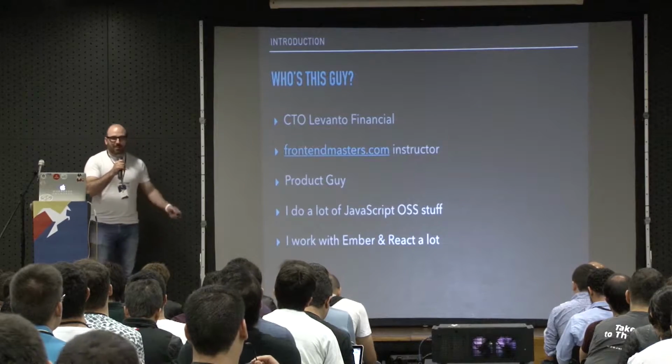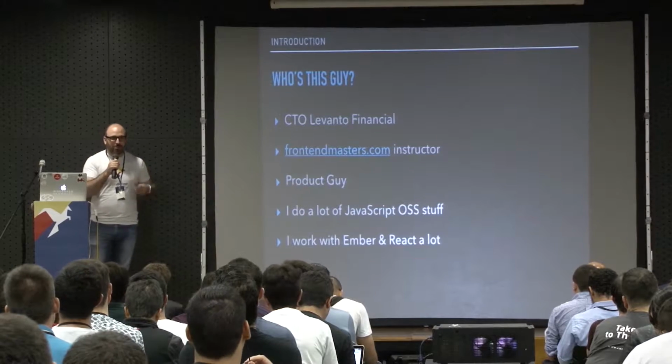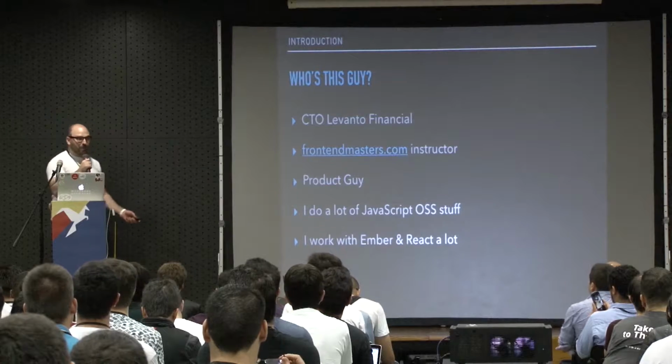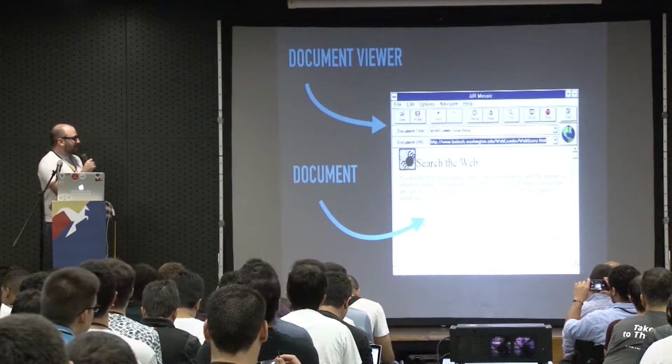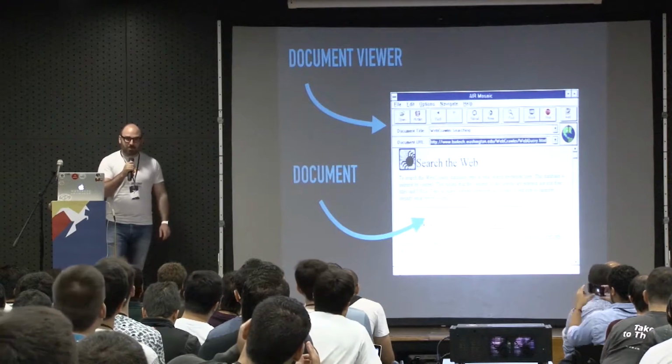So we've got all of these different JavaScript frameworks. In fact, I think 2 or 3 just came out since I started talking. But they're all trying to solve the same problem. And that is that we're trying to build rich applications on top of a document viewer.